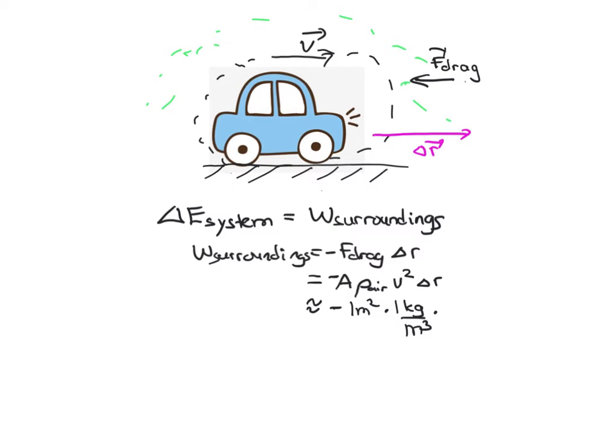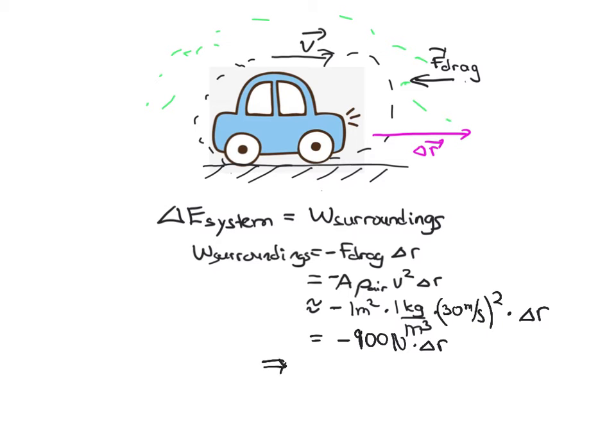So we'll imagine that the car is cruising down the highway at 65 miles an hour, and that turns out to be just nearly 30 meters per second. And we need to square that quantity times delta r, which is just the distance that we're going to drive. And this works out to a drag force of minus 900 newtons times whatever distance we're going to drive.